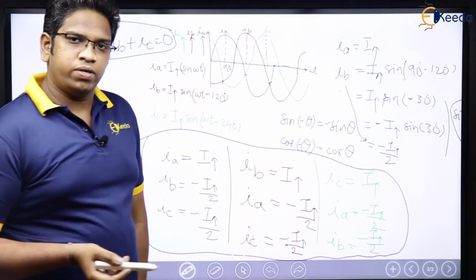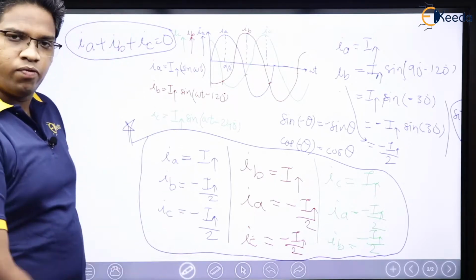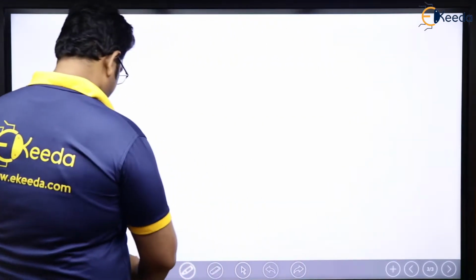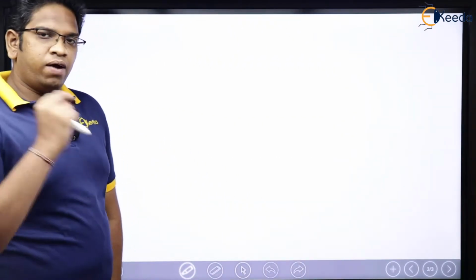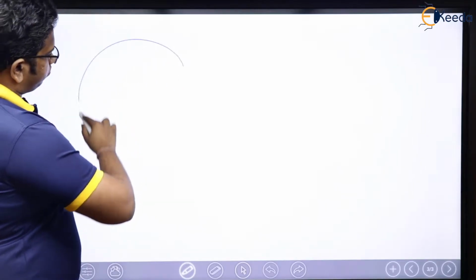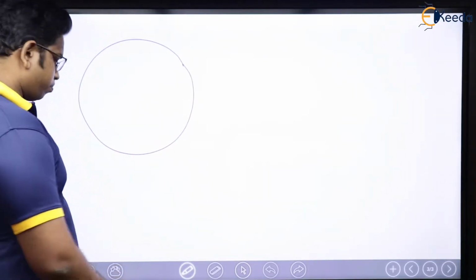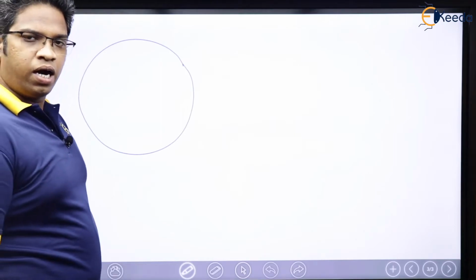Now let us start with rotating magnetic field. Now things will be very easy. Let me have a stator. On this stator, I will have the coils.